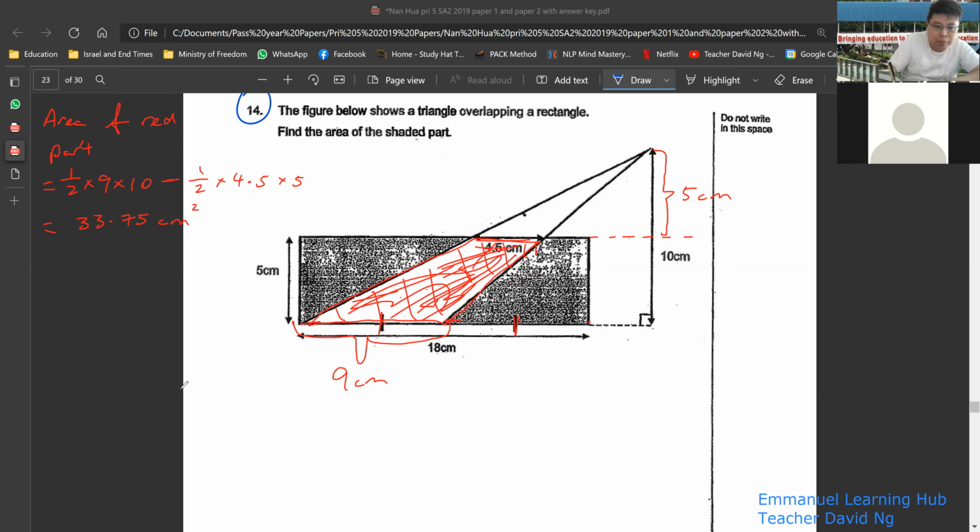So the area of the shaded part is basically the area of this whole rectangle minus the area of red part.